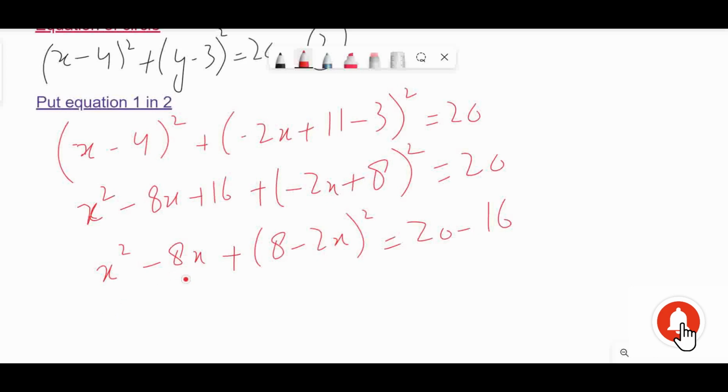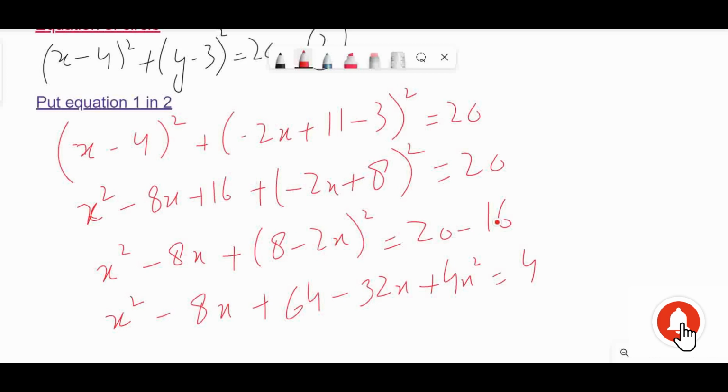Now x square minus 8x, so we can rearrange it like this. Further let's open this formula, that will be x square minus 8x plus 64 minus 32x plus 4x square equals 4.